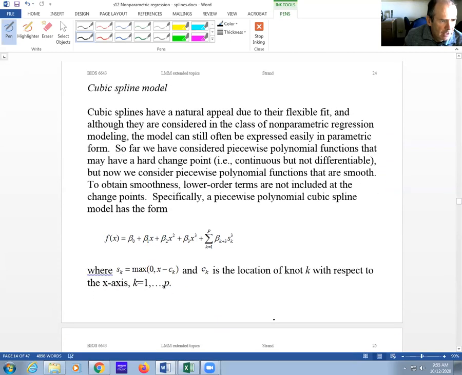So what we can do, actually, we talked about adding the spline terms. I call them spline terms, even if we're doing piecewise regression, it's just a little bit easier. If we want a smooth function, essentially what you do is you drop the lower order terms.